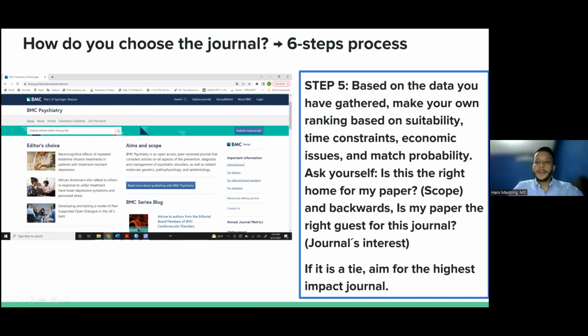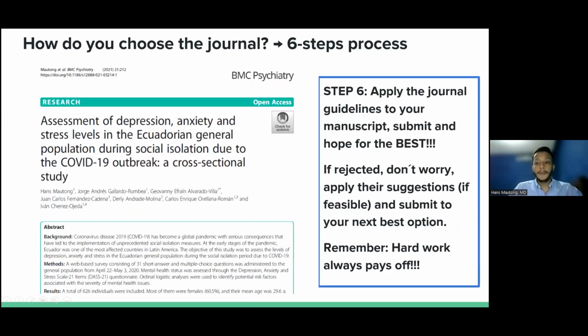Okay, so this leads us to the final step, which is the 6th one, and it's to apply the guidelines to your manuscript. If you haven't already, submit your paper and hope for the best. If you get rejected, don't worry. Rejection is a common situation, and I'm sure Dr. Kashyap can attest to that. It's very common.